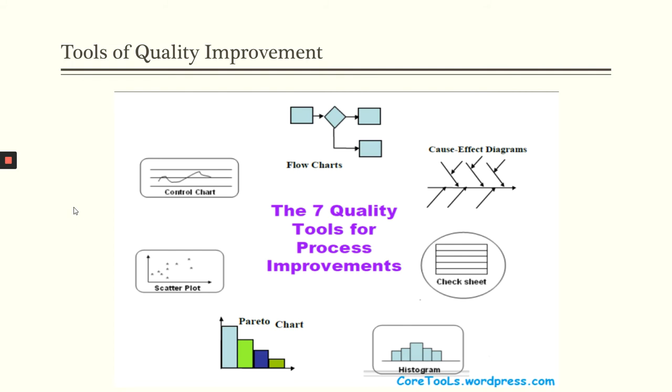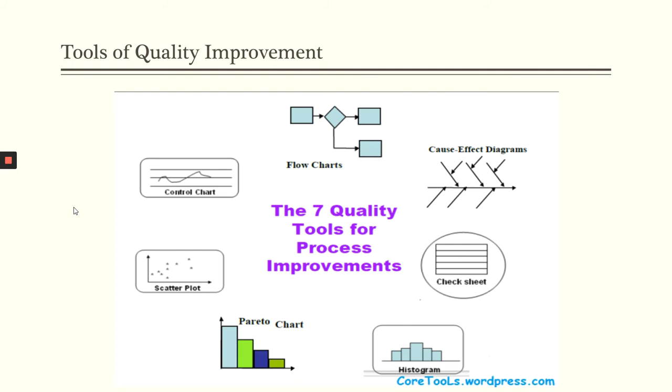Then we have cause and effect diagrams. These are other tools that can be used. One example would be that fishbone diagram that you see. This helps us with brainstorming about perhaps causes of a certain problem or diagnosis.